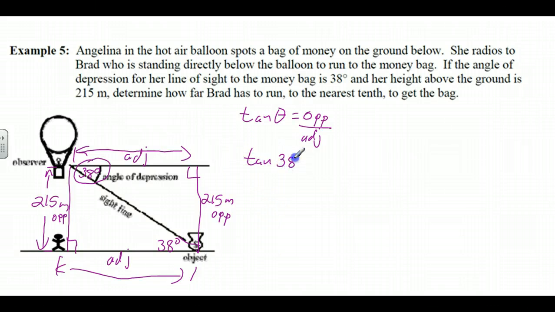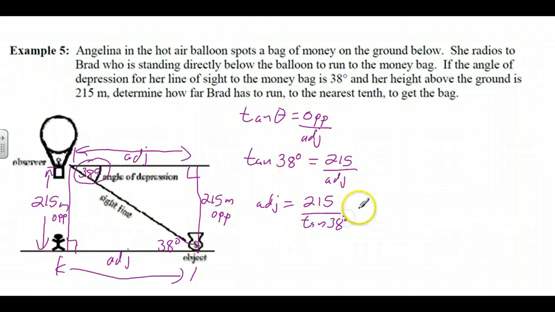So the tan of 38 degrees is equal to opposite, which is 215 over adjacent, and use that shortcut, right, which is to say that adjacent is equal to 215. No, we don't put the units on here, over, but we do have the degrees, over the tan of 38 degrees. Okay, and if you want, you can do this in two steps.